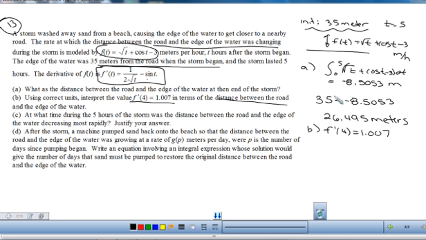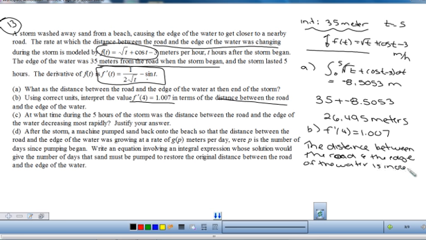So what this means, since f prime is the rate of change of the distance between the water and the road, it means that the distance between the road and the edge of the water is increasing because it's positive, so it's going up at a rate of 1.007 meters per hour squared because it is the second derivative.